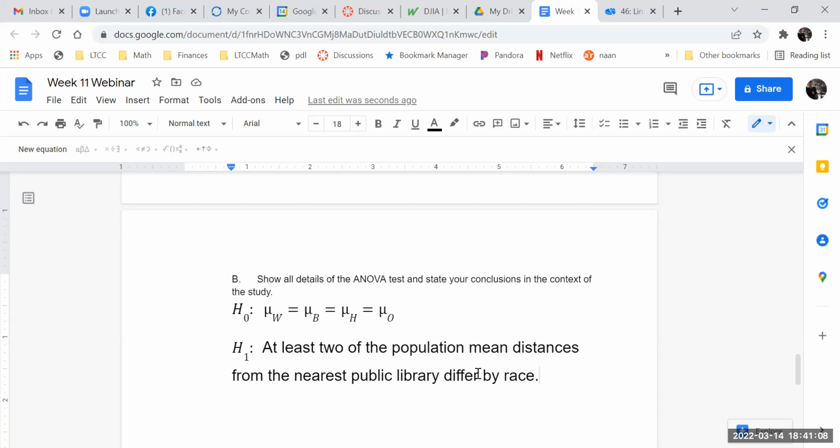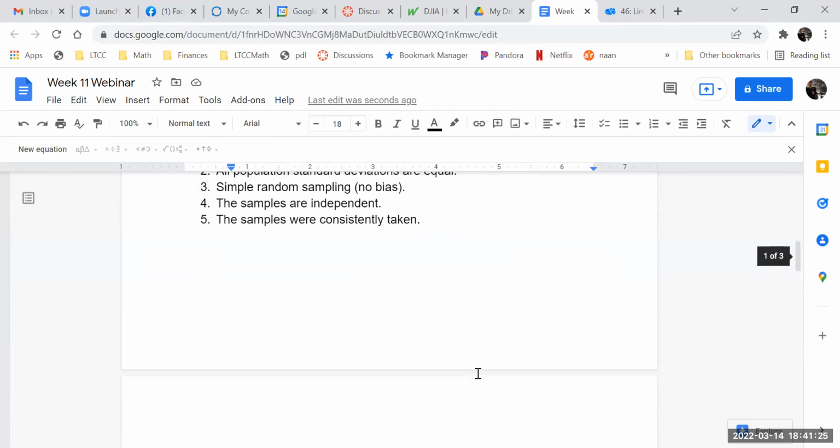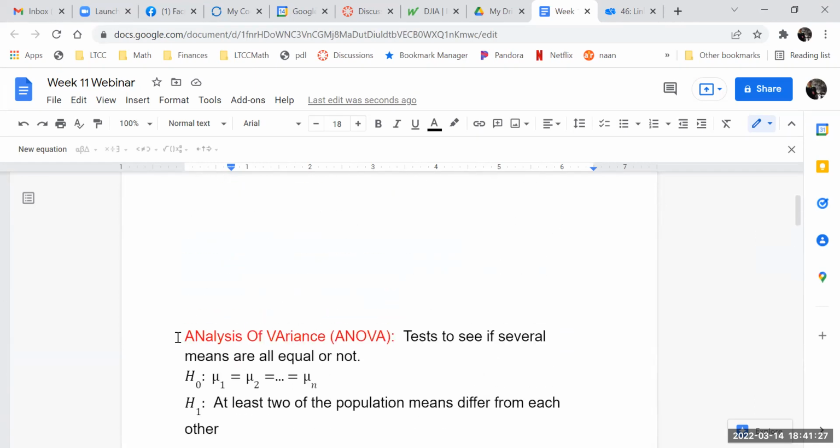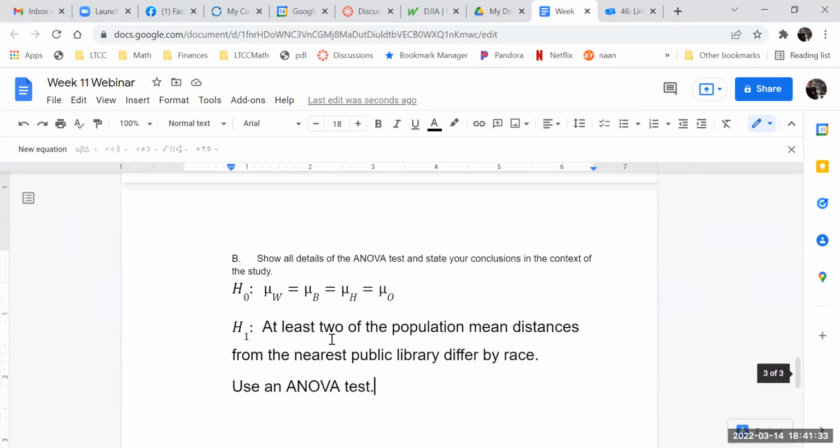Okay, so the next step, usually you want to state the test we're going to use. So use an ANOVA test. And I want to give you a little bit of a warning. Remember, ANOVA stands for analysis of variance. And you look at the hypotheses, are we comparing the variances?